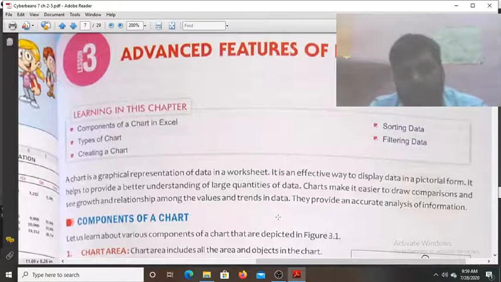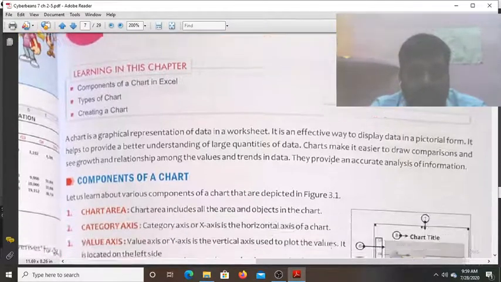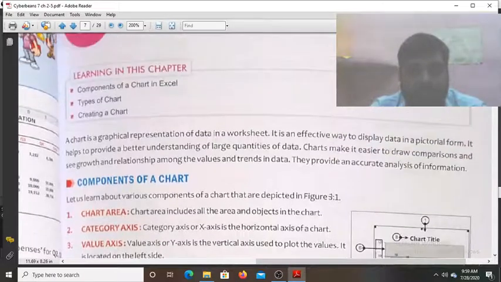So charts make it easier to draw comparisons. Between two different values, you can easily compare what the difference is between the two graphs. So charts make it easier to draw comparisons and see growth, relationships among the values, and trends in data.